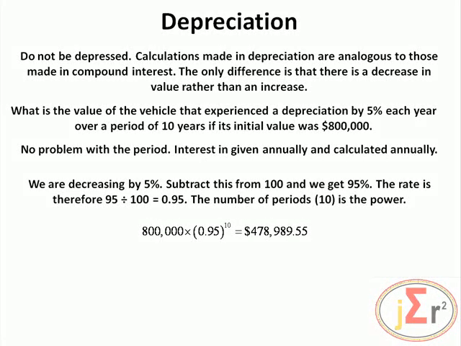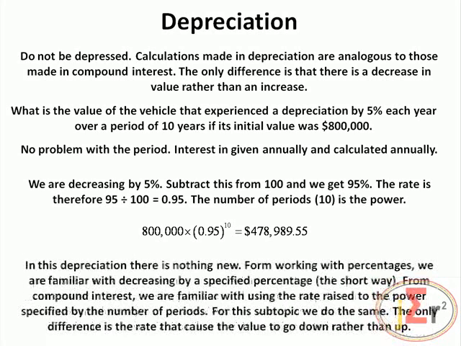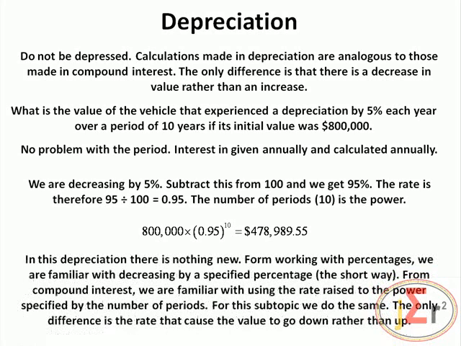So that is it. The rate, which is 0.95, is raised to the power of 10. And all of that is multiplied by 800,000. And that is our answer that we have right there. In this depreciation, there is nothing new.